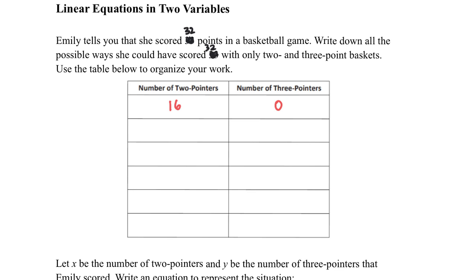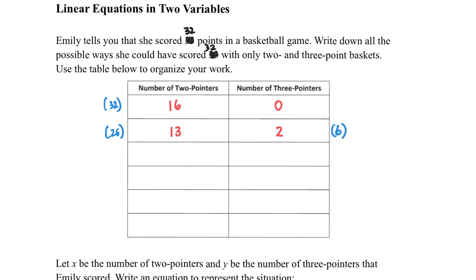She could have scored 13 2 pointers, which gives her 2 points apiece. That's 26 points. And then 2 3 pointers gets her to the total of 32. So if you wanted to look at this, this gives her 26 points here, and that gives her 6 points here.